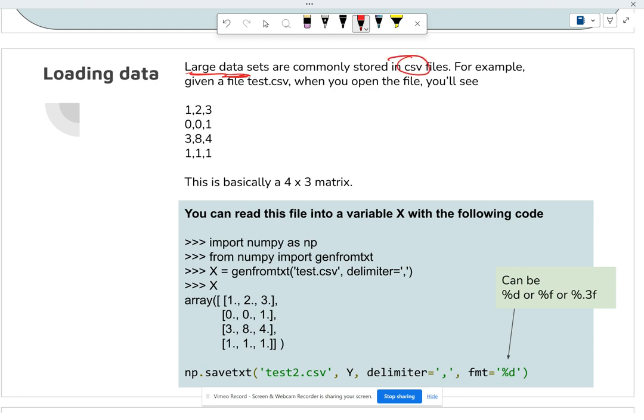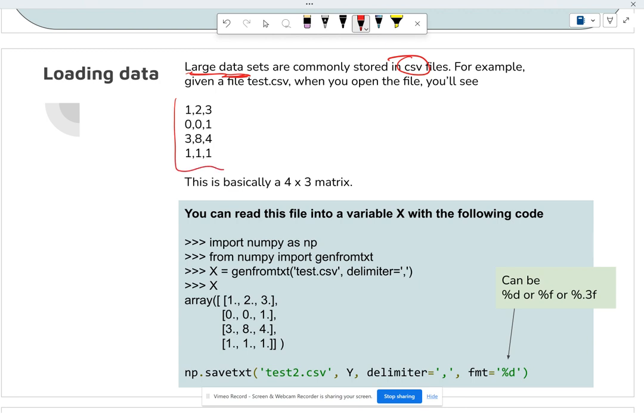These files are essentially just text files with the numbers stored in there, separated by a comma. For example, if we have data that is 4 dimension by 3 dimension. Of course, in the real file, it's probably 4 million by 3 million, so it's much larger, but let's use a small one for you to get the point.